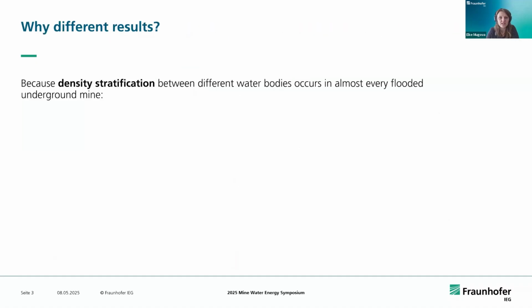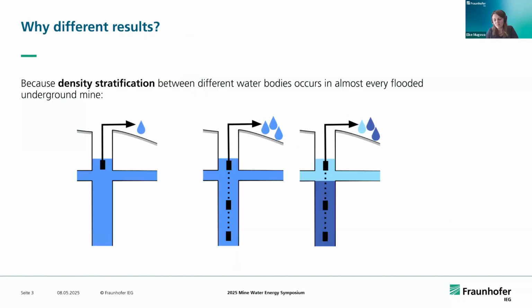So why different results? Because in most of the flooded underground mines, we have density stratification, and sampling results then can look like this. See on the left side, if you take a mine water sample just on the top of the flooded mine water body, you get certain values.